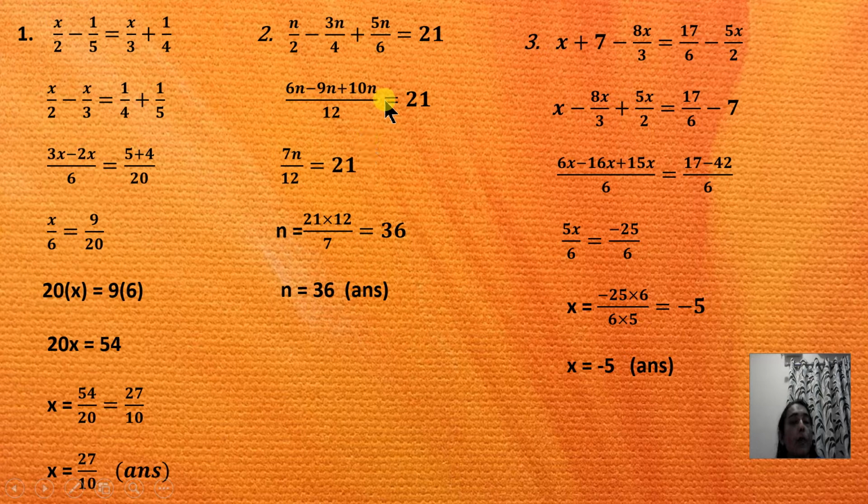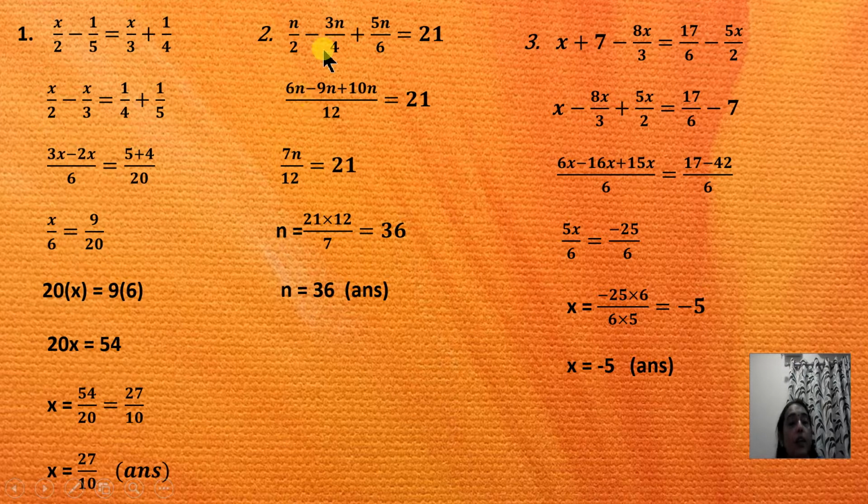And common denominator we take 12. Once again, I will explain this. Please pay attention. LCM of 2, 4 and 6 is 12. So, you take a common denominator 12. Now, we know that to convert 2 into 12, we need to multiply it with 6. So, we have already written here 12. So, numerator we multiply with 6. 6 into n is 6n.